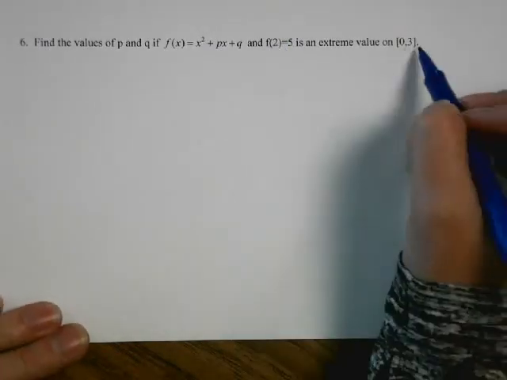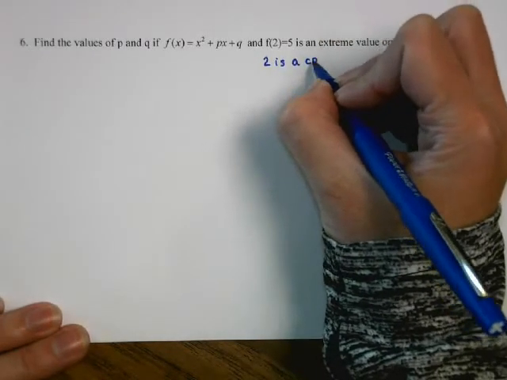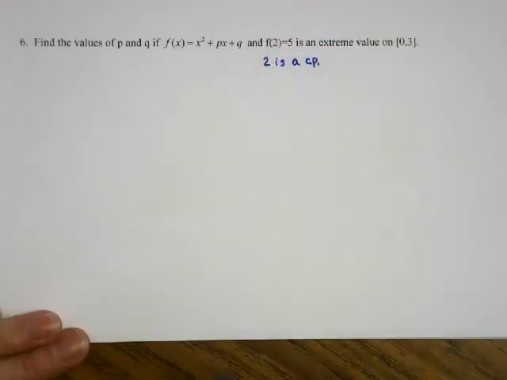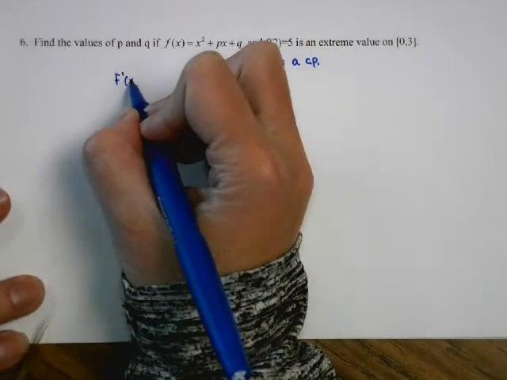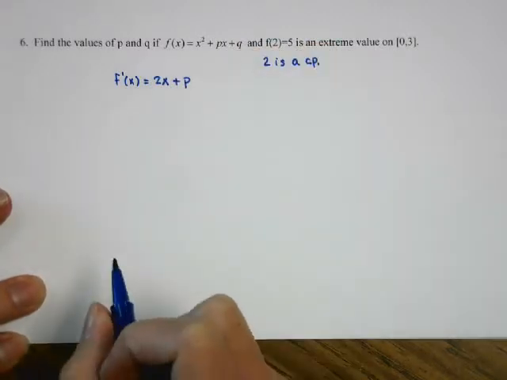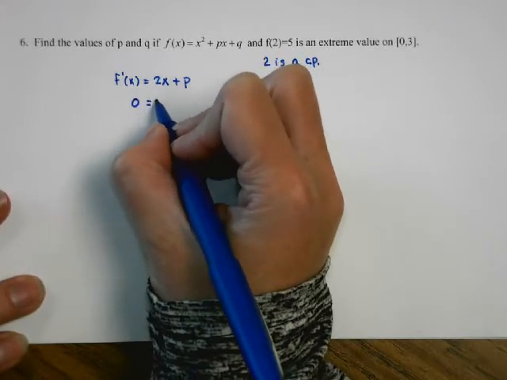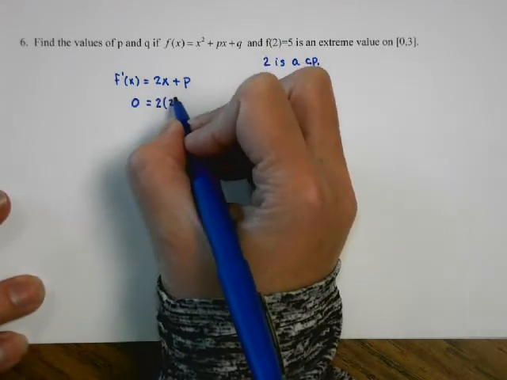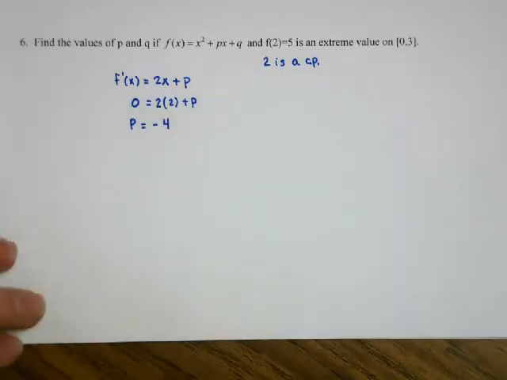So since 2 is not an endpoint, that means 2 is a critical point, which means on a continuous function like that, the derivative is going to be 0 at the point (2, 5). So I'm going to take the derivative. So this is going to be 2x plus p. The derivative is going to be 0 when my x value is 2. So that means my p is going to be negative 4.